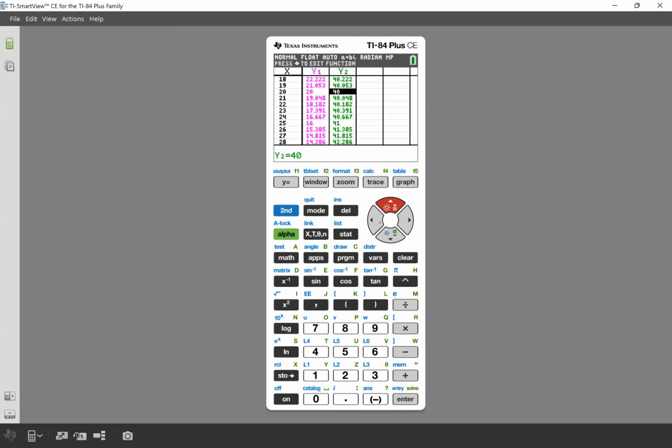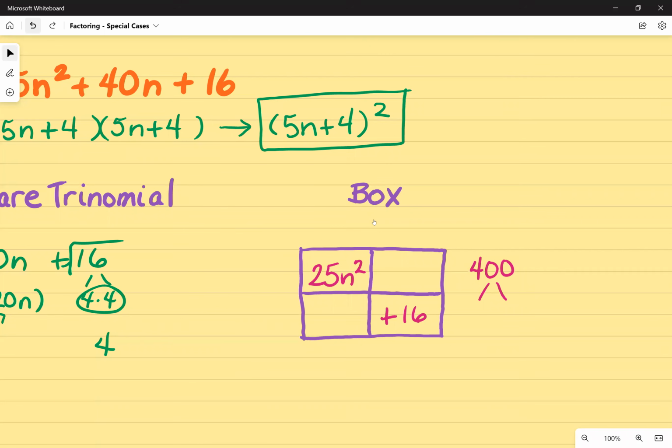What's in front of positive 40 are my two factors that I would need to put in the box, and they are both positive numbers. So positive 20 times positive 20. So that's what I'm going to put here. Plus 20, and remember, I'm replacing 40n, so I also have to include the variable, plus 20n. So again, if I'm doing it correctly, not only will I multiply to get the 400, I'm going to add to get the 40.